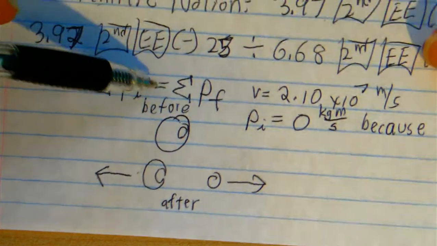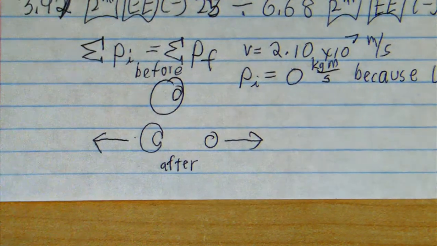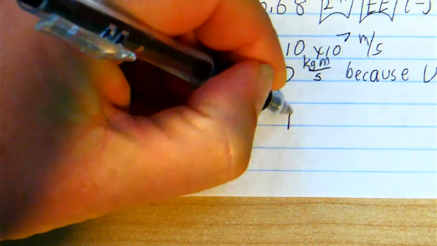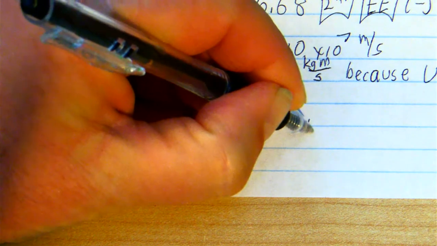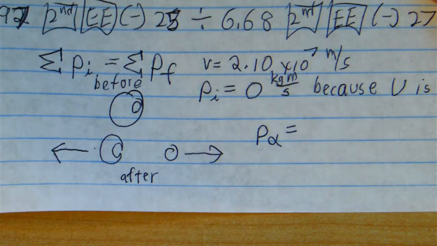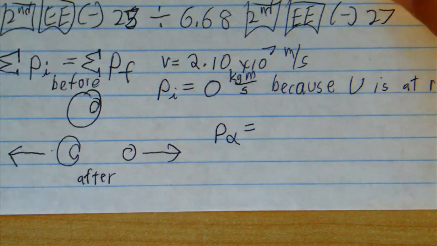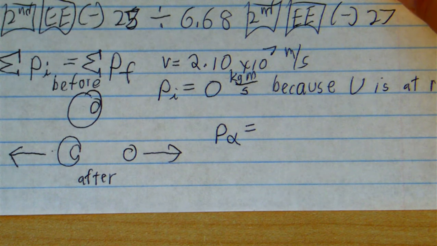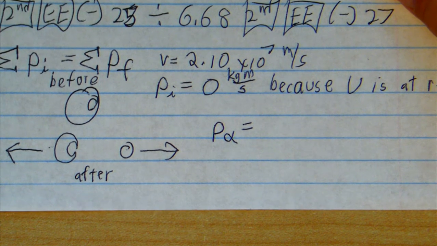Okay, so next question. What is the momentum of the alpha particle after the explosion? You'll need a calculator. Calculate, please. What is the momentum of the alpha particle after the explosion?